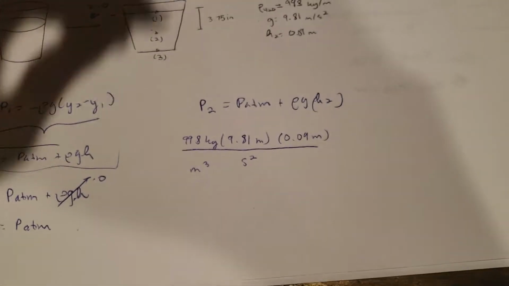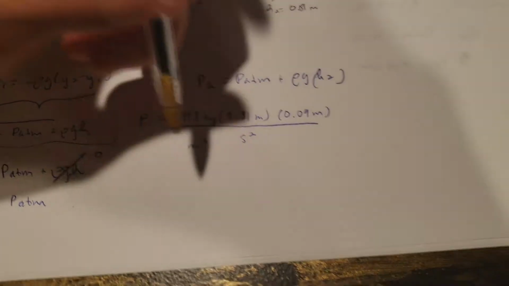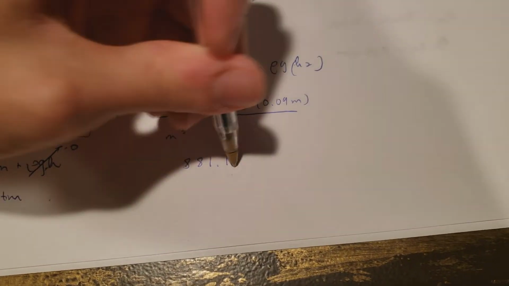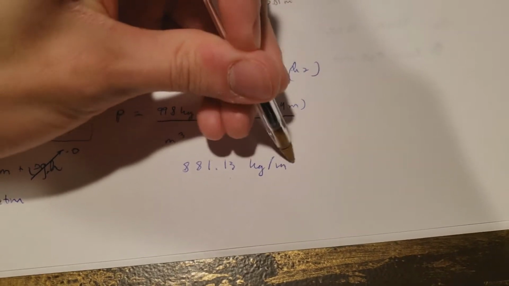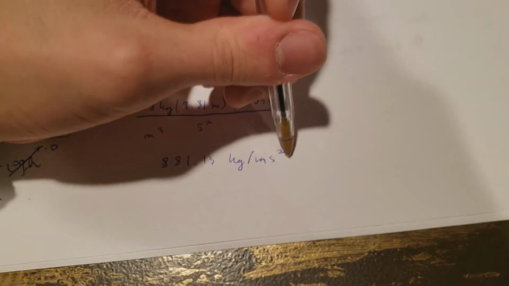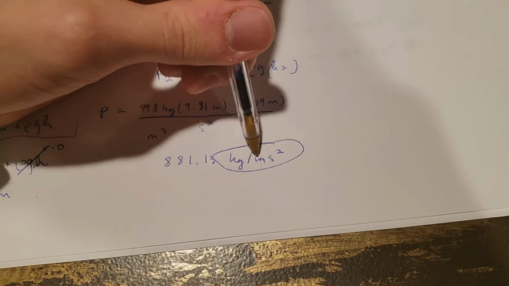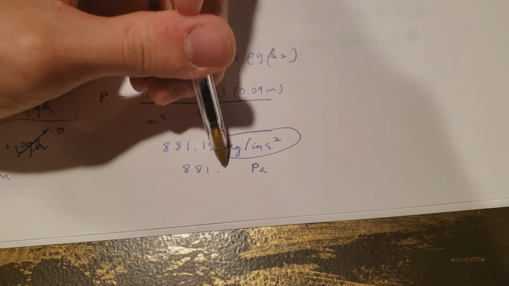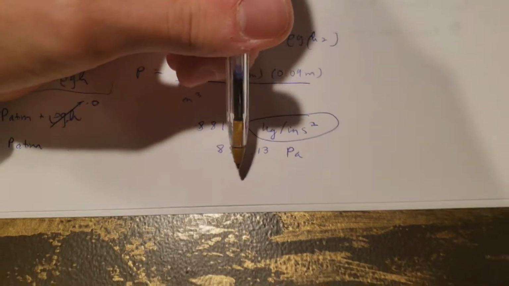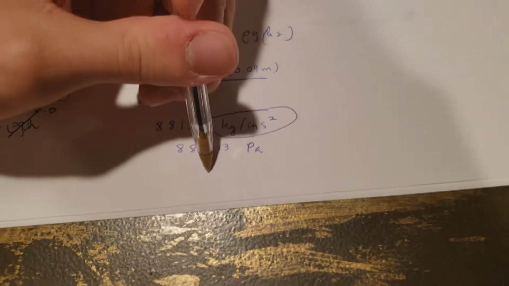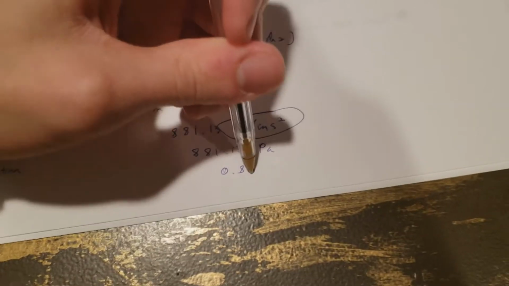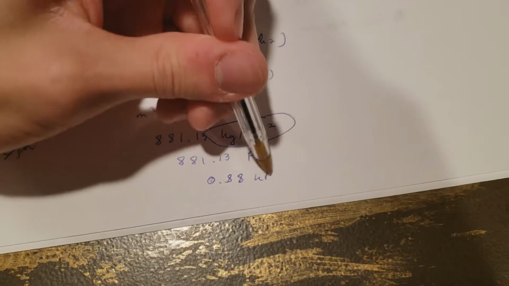I just want to show you how this turns into pressure. So this turns into 101.13 kilograms per meter second squared. These are the units of 1 Pascal. Right, so we have 101.13 pascals, and most of the time we want to see kilopascals. So when we convert that, just dividing by 1,000, we get 0.88 kilopascals.